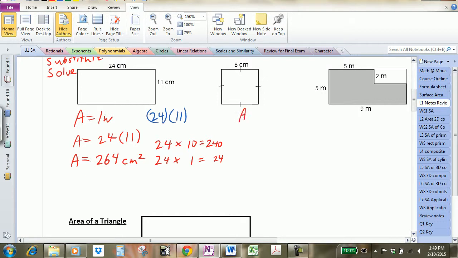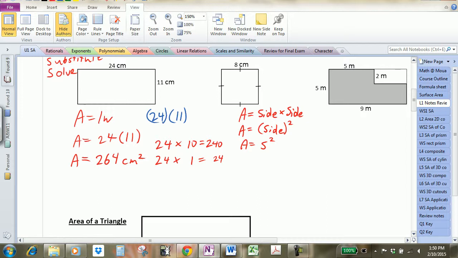Now a square is kind of special. For a square, it's side times side because the length and the width are the same. This can be broken down into side squared using brackets, and usually we just write s squared. Okay, and oftentimes that's how you'll start, s squared. But it looks like a 5, so I want you to write the word side.